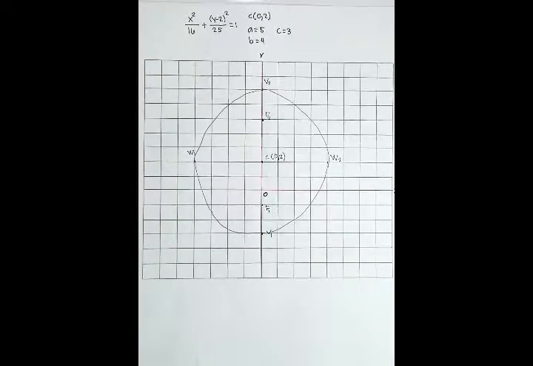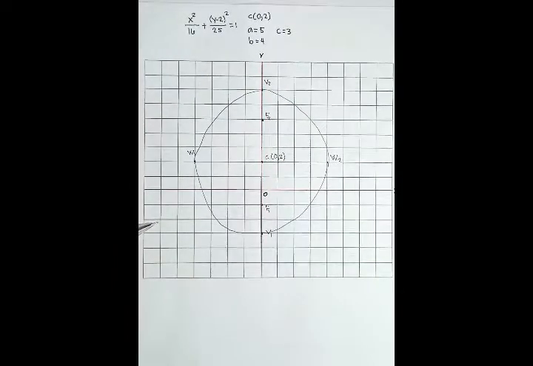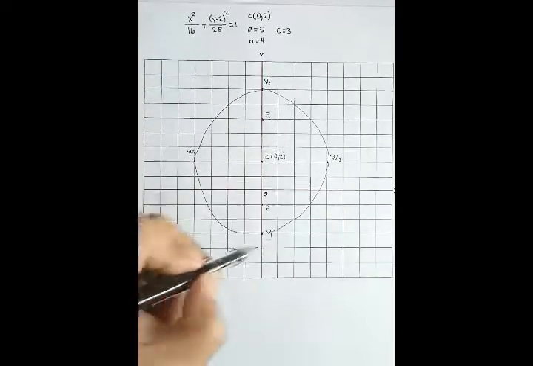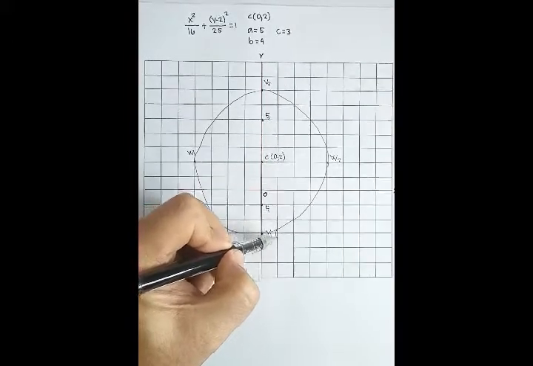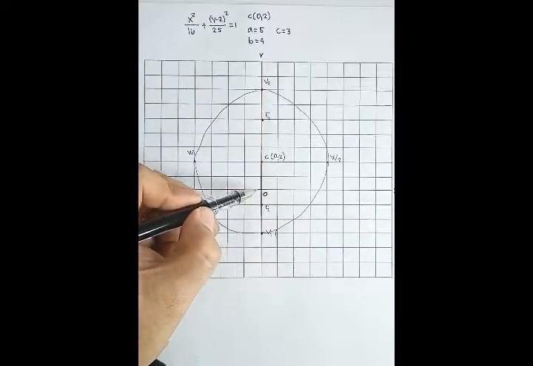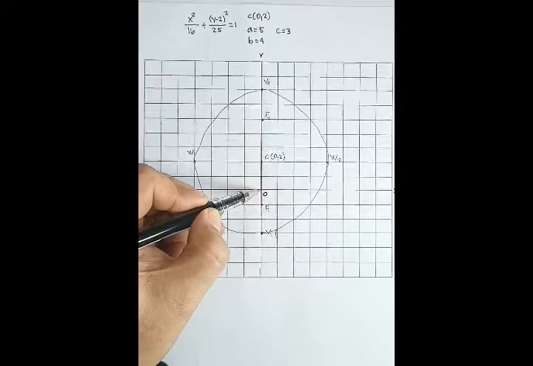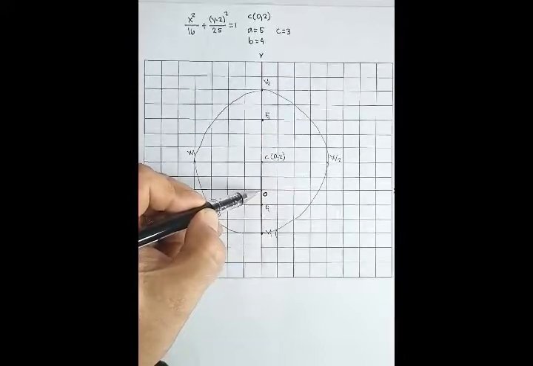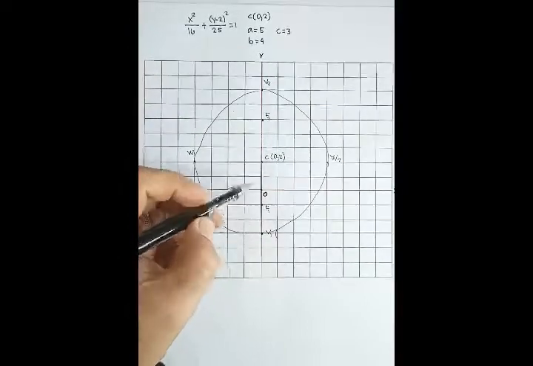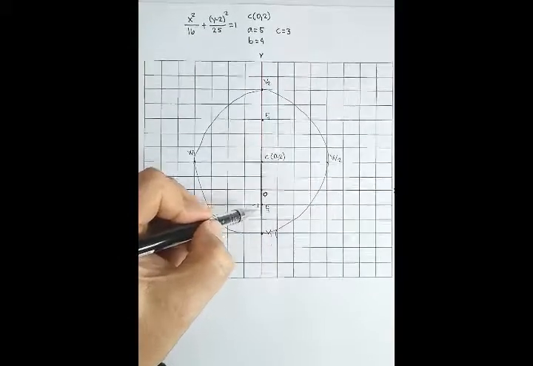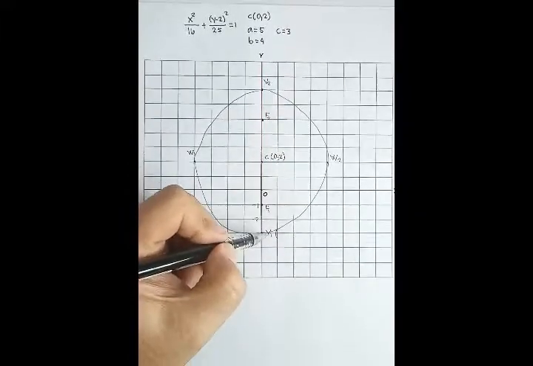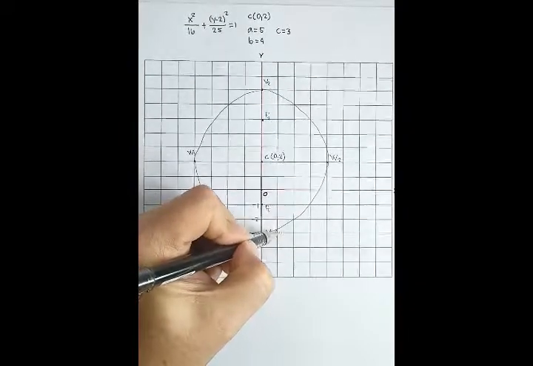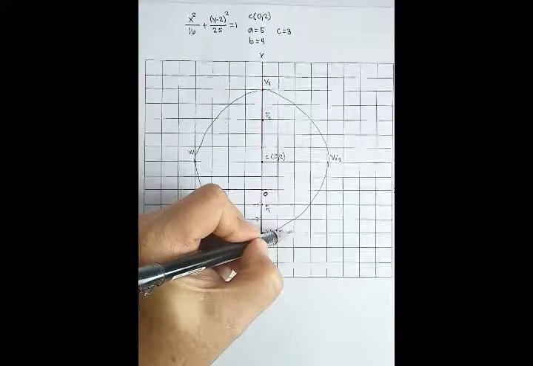Now, let us find the location of our vertices and co-vertices. So, V1: we base it from the origin. Its x is 0, and then we count -1, -2, -3. So our V1 is 0, -3.